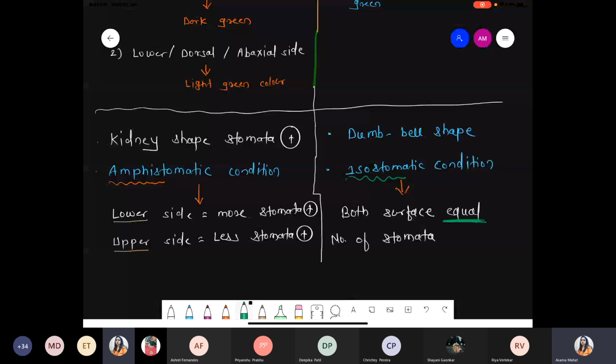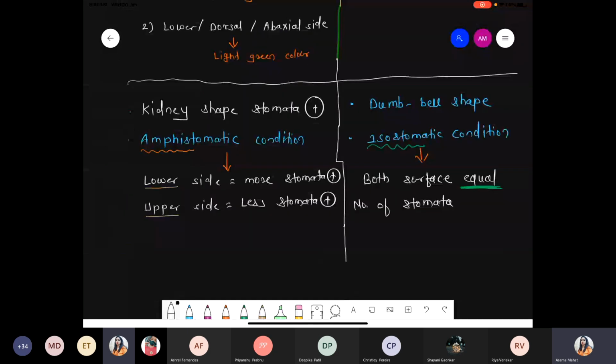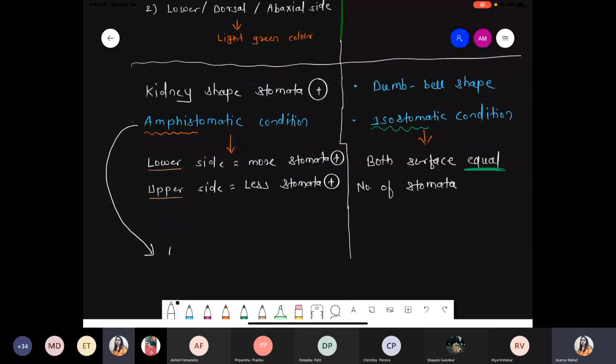One more thing, if you read NCERT you will get one word. In the case of the dicot, the amphistomatic condition is also called hypostomata, that is the hypostomatic condition. Why do we call it the hypostomatic condition? Hypo means lower side.